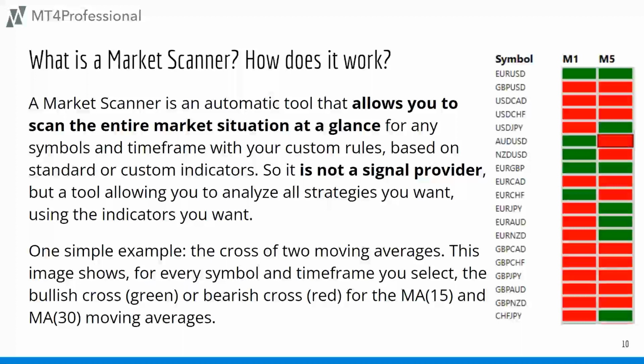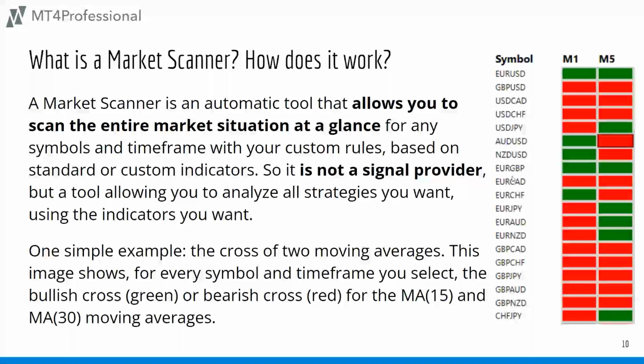Over on the right, you can see a symbol list, a bunch of Forex symbols here. Next to it are some different spreadsheet layout color codes, different time frames, 1 minute and 5 minute setups. So if I had a scanner that could go through and look at the multiple time frame bullishness or bearishness of the setup, that's going to be extremely helpful for me.